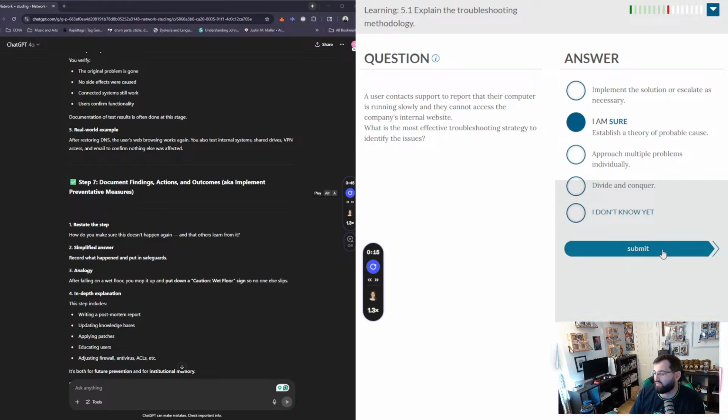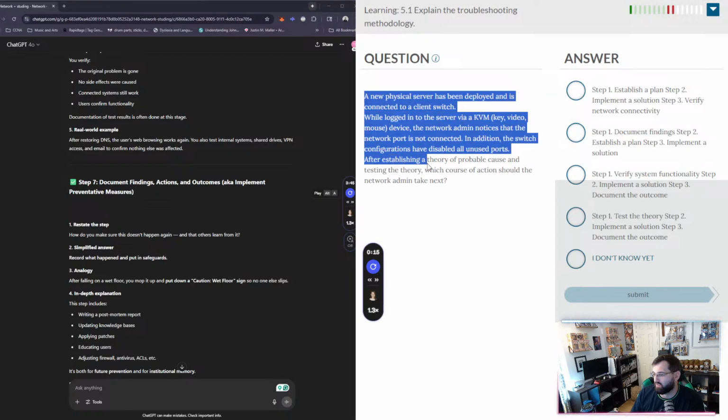I'll be really upset if this is wrong. What is the most effective troubleshooting strategy to identify the issue? Approach multiple problems individually? How is that anywhere in this system? Okay, we're gonna keep going.